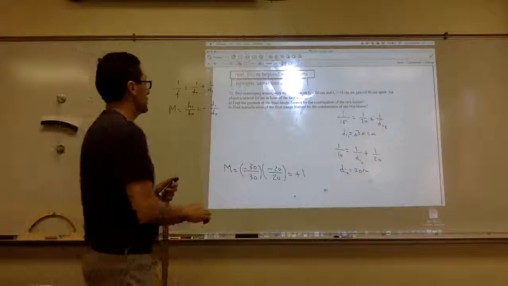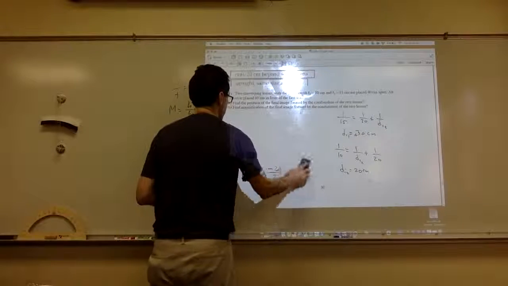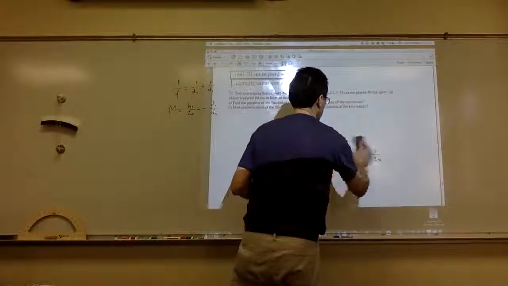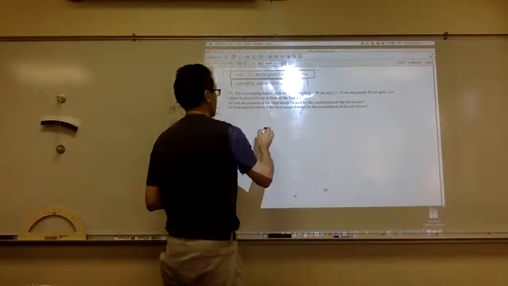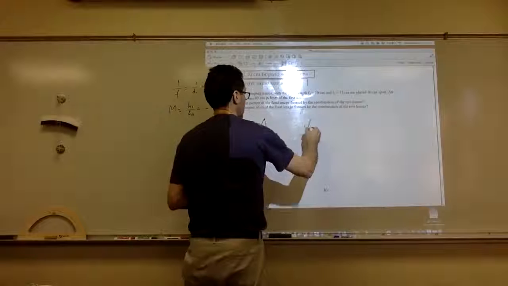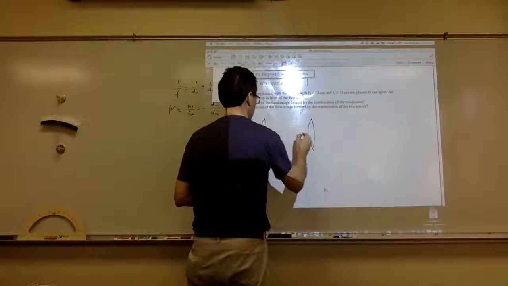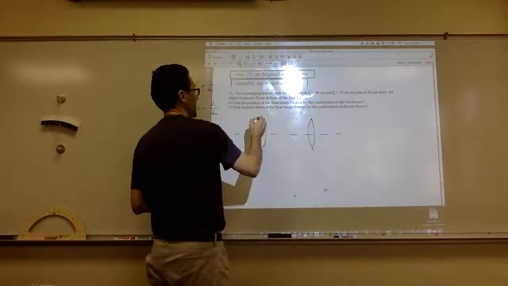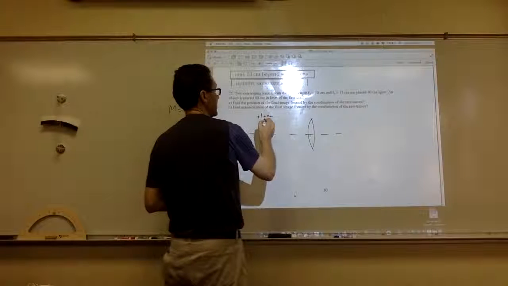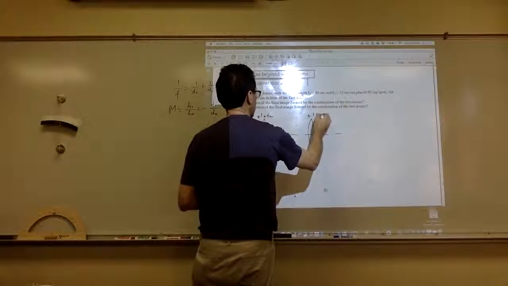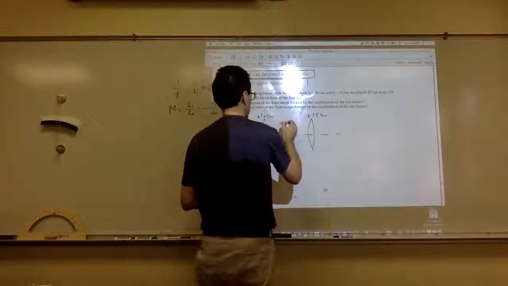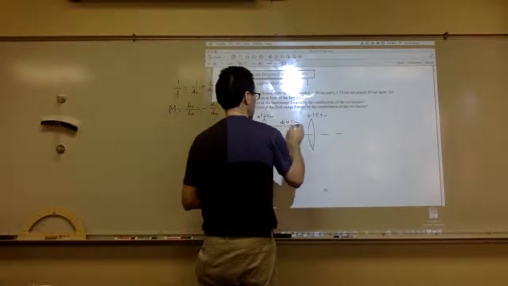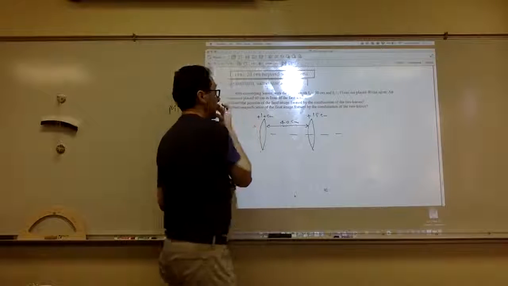All right, let's finish with the 71. Okay. 2 converging lenses, so you have one here, another one here. This one has a focal distance of 10 centimeters, positive 10. This one is positive 15 centimeters. They are 40 centimeters apart. Okay.